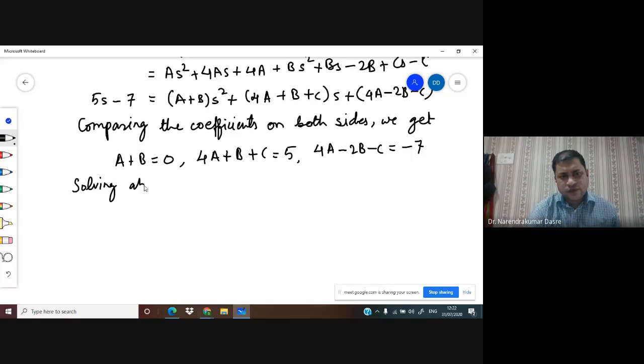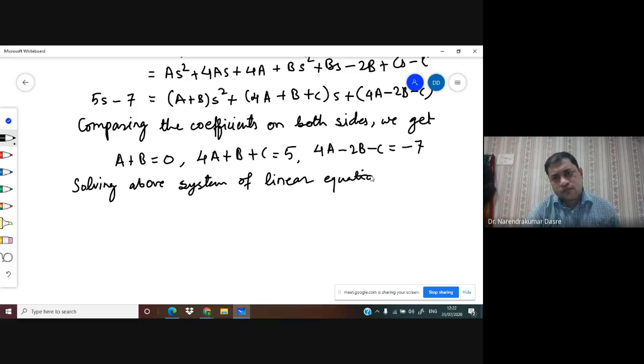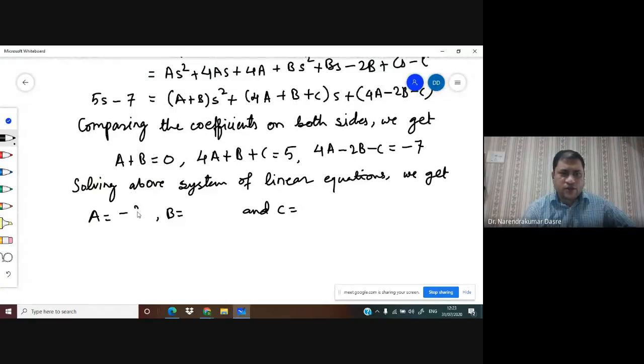So solving the above system of linear equations, we get A = -2 by 9, B = 2 by 9, and C = 17 by 3.